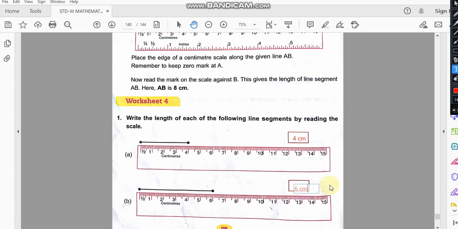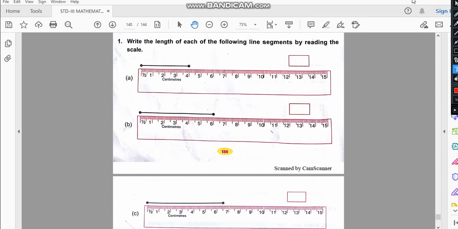Now let us move on to the next section. Next question, it is starting from 0 and ending at 6.5 centimeter. So what you will write here? 6.5 centimeter. Okay.